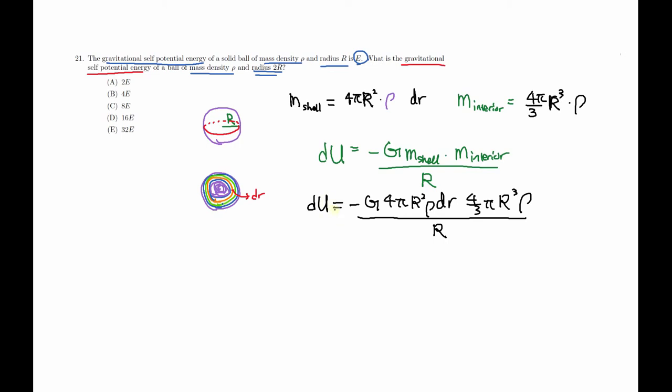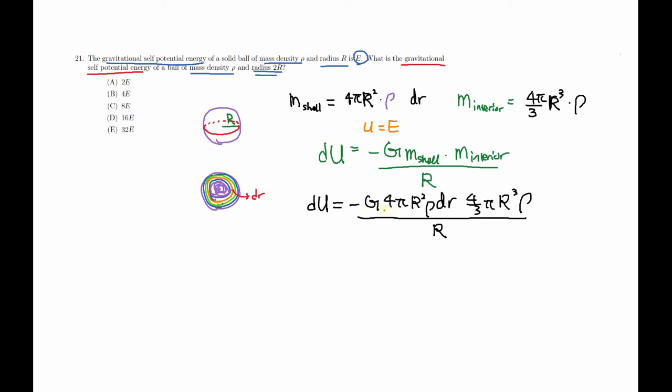And you will notice that this U, after you integrate, will be the same as E, because there's no kinetic energy involved or any other form of energy except this gravitational potential energy.